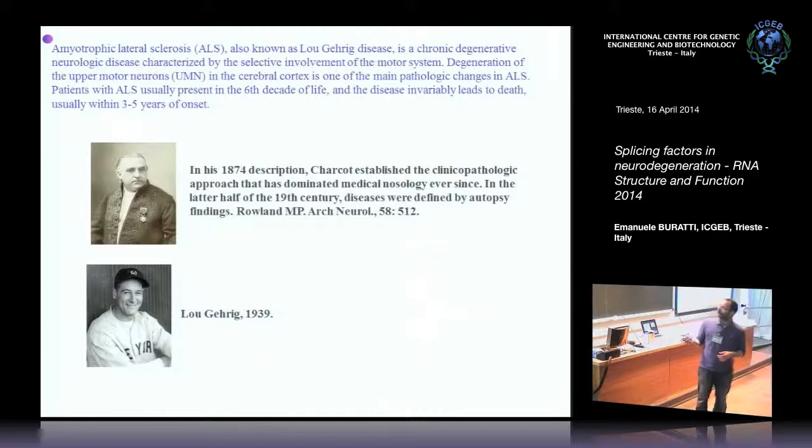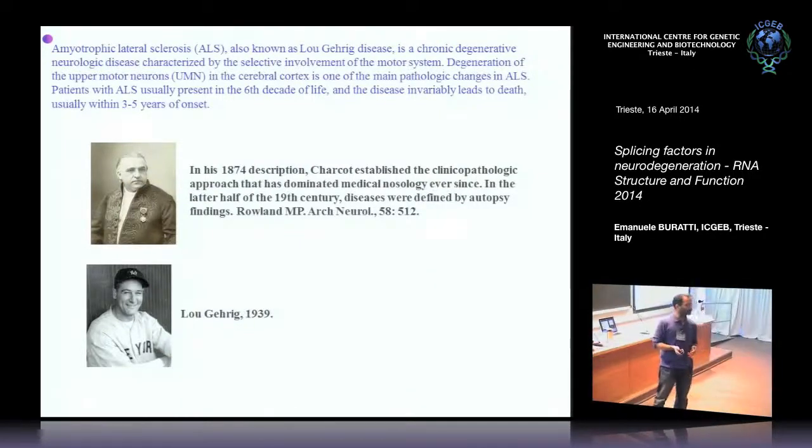Nowadays we know that this disease involves the degeneration of the upper motor neurons in the cerebral cortex. The patients usually develop this disease in their 50s or 60s, and within 3 to 5 years, it is an almost invariably fatal disease.